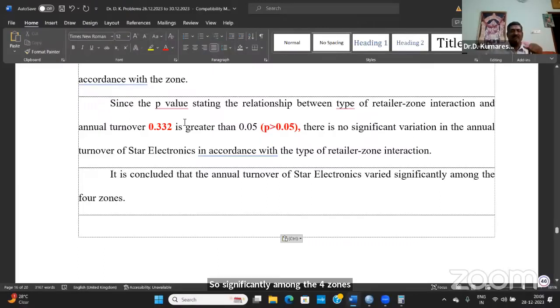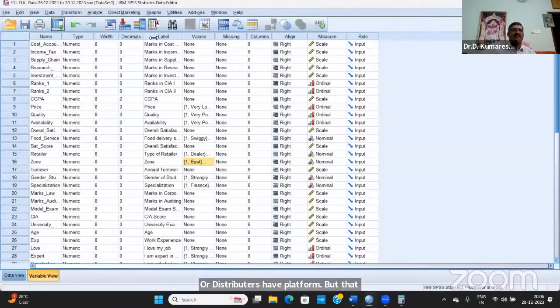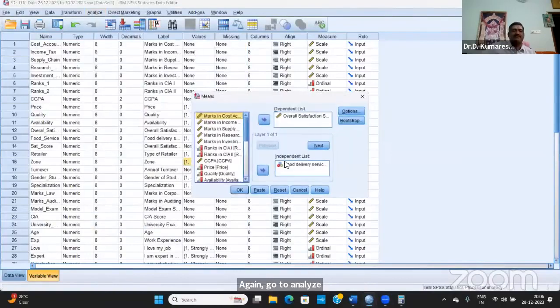See the difference between interpretation and findings or conclusion. Okay. Now one more question. Sir, whether dealers have performed better or distributors have performed better. Again, go to analyze and compare means.